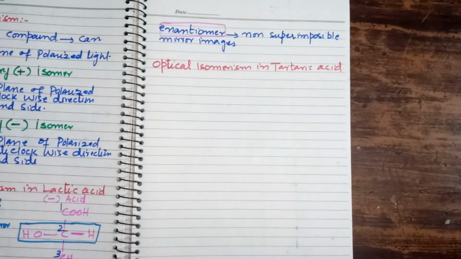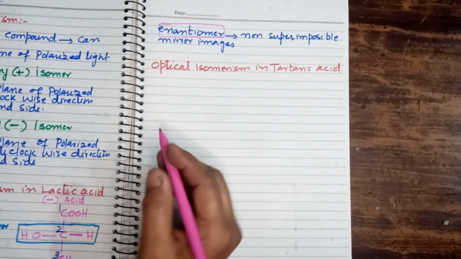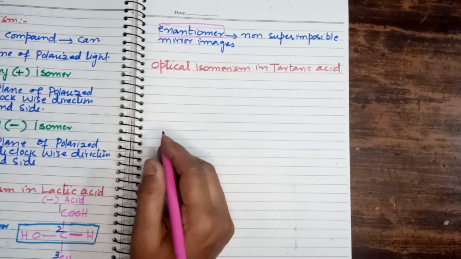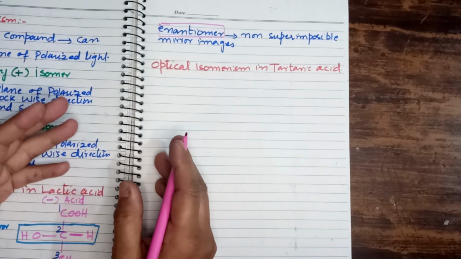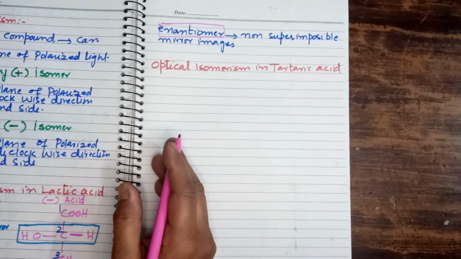First of all, we should know what tartaric acid is, students. Its IUPAC name is 2,3-dihydroxybutane dioic acid, right? Let's see the structure of tartaric acid.